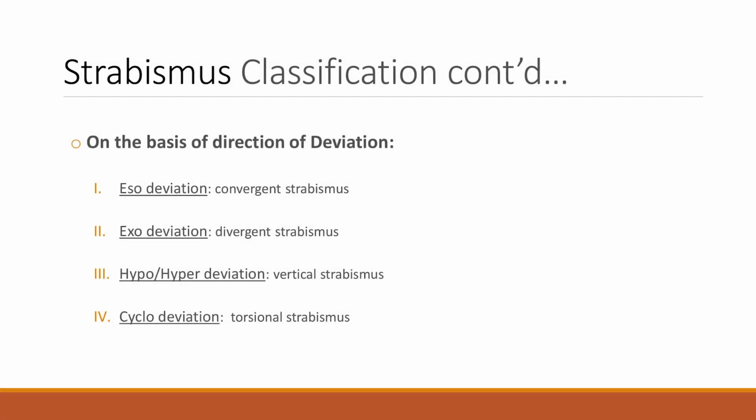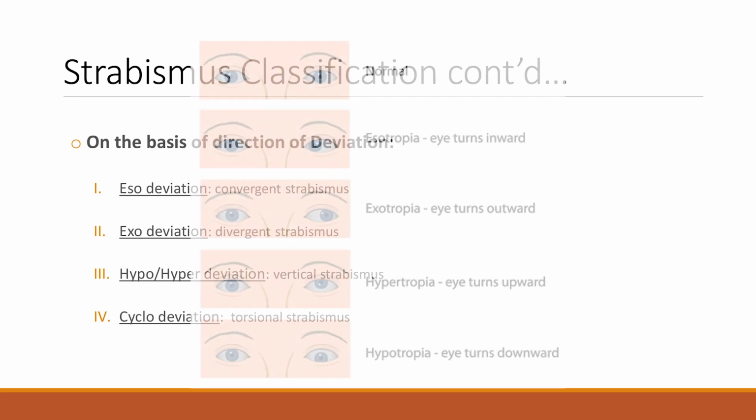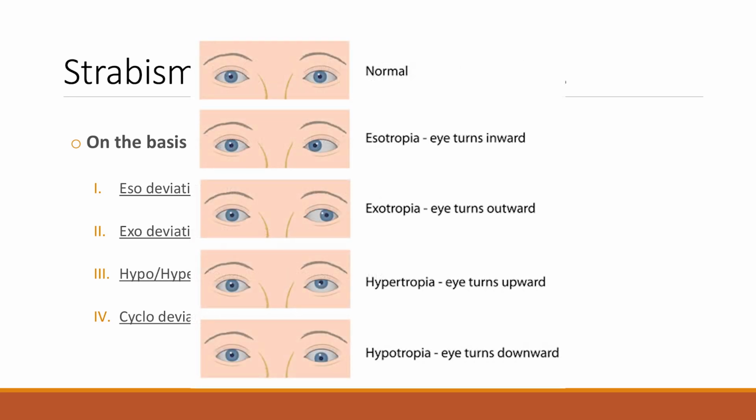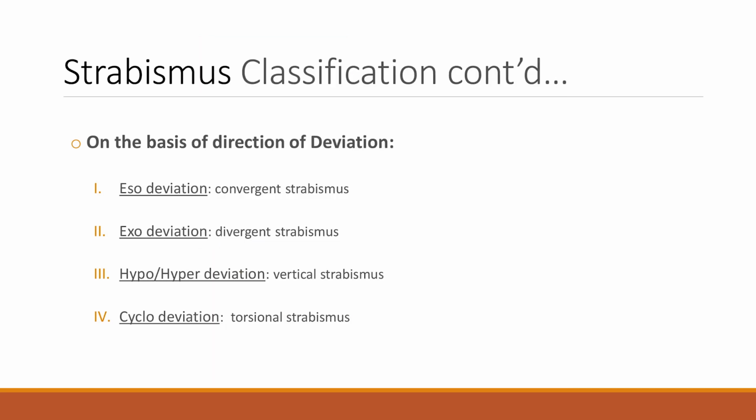On the basis of direction, deviation is classified as eso deviation, convergent squint, exo deviation, or divergent squint or strabismus, hypo or hyper deviation, vertical strabismus.